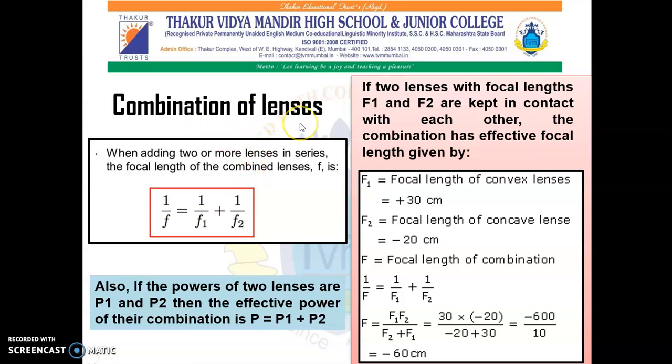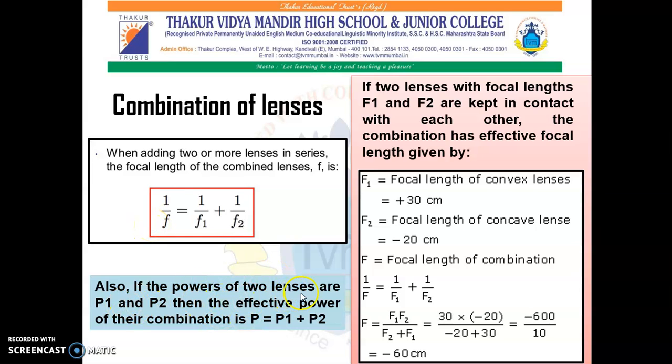Combination of lenses. If two lenses with the focal lengths f1 and f2 are kept in contact with each other, that is in series, then the combination has an effective focal length, that is the focal length of the combined lenses, given by this formula: 1/f = 1/f1 + 1/f2, where f is the focal length of the combined lenses.